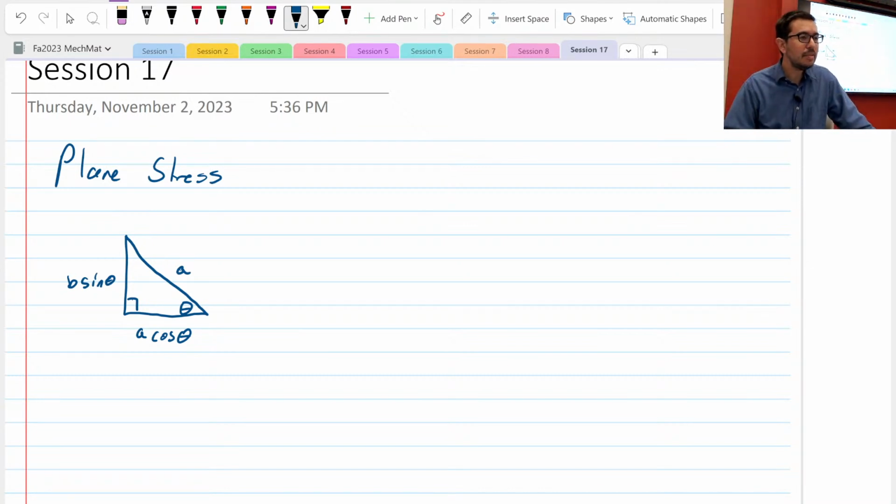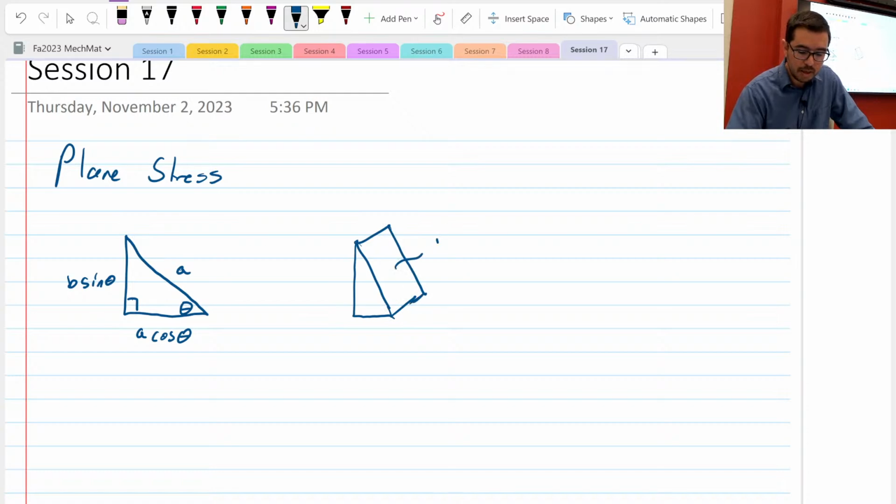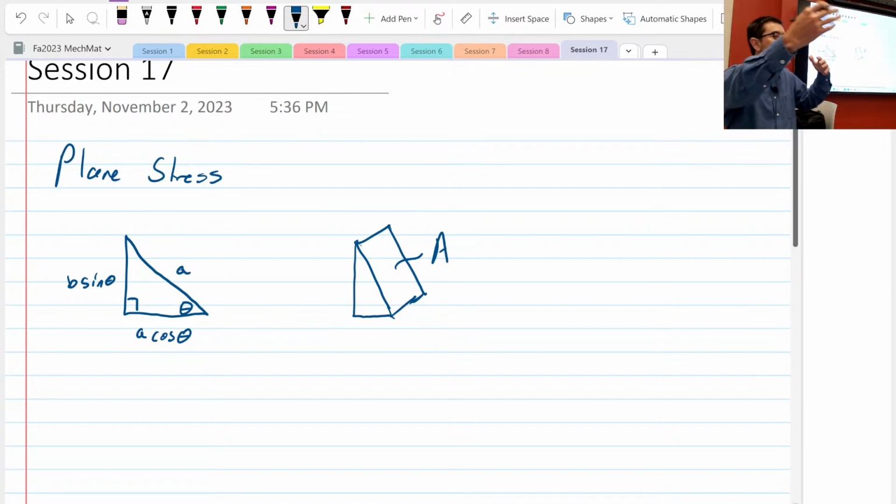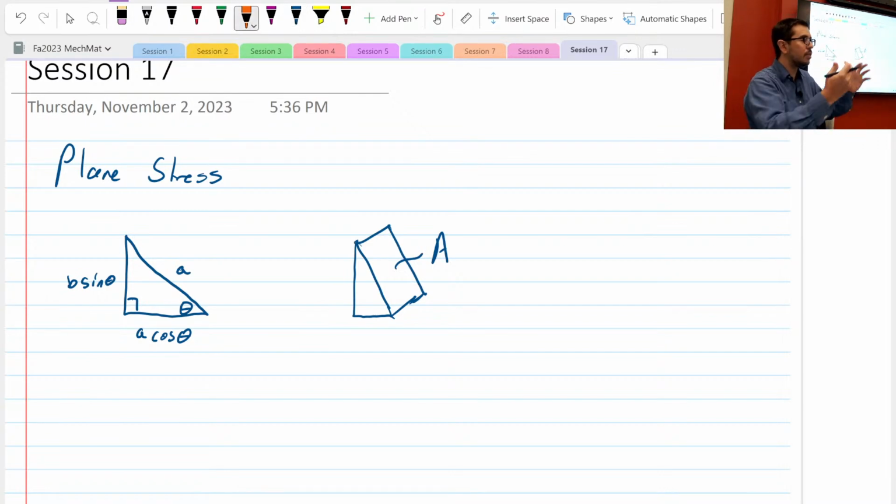Now, if I were to say that this were a structure that had some area to it, like this, and this were some big A, assuming the structure is the same depth, what would be the area of this side?